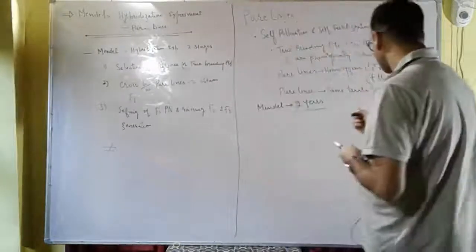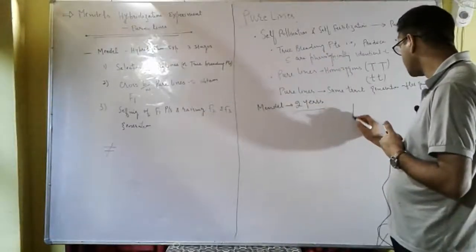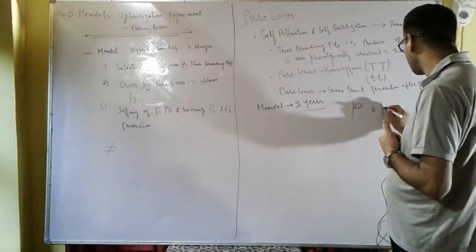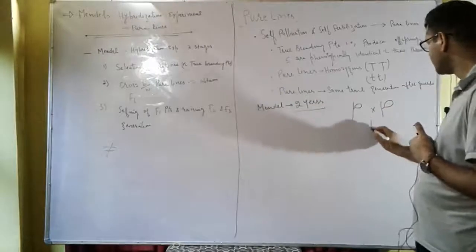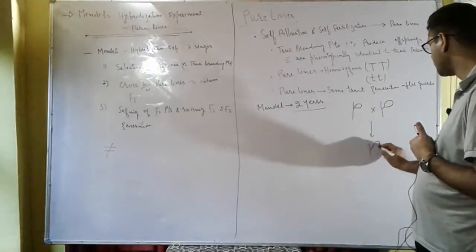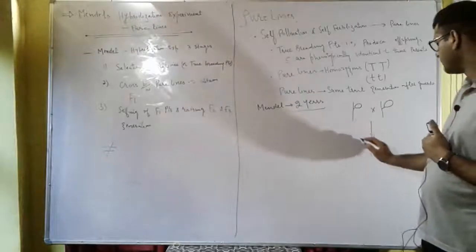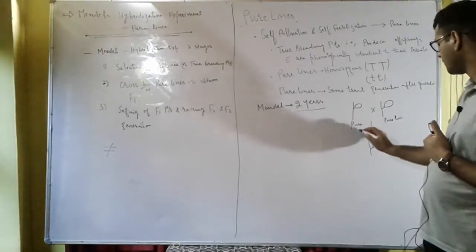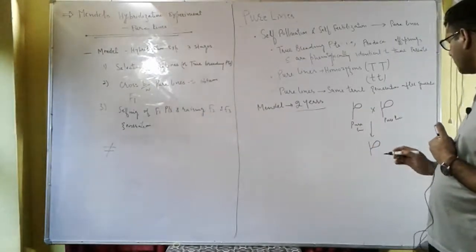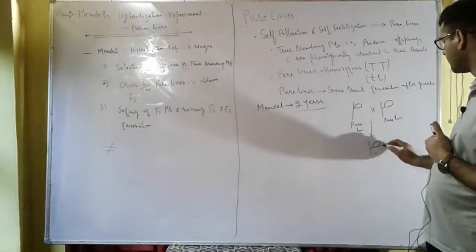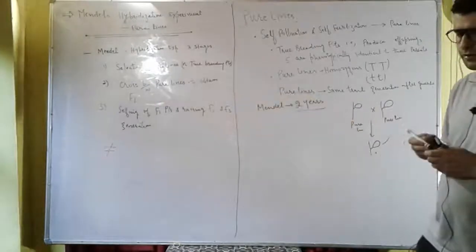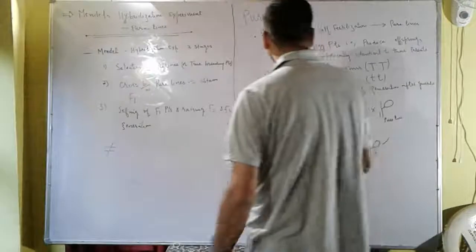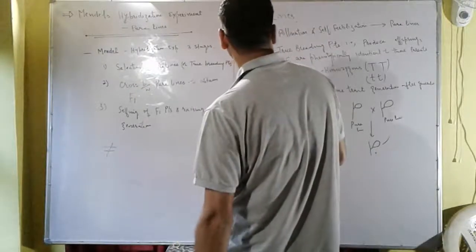For example, if this is a pea plant with round seed, and it is crossed with another pea plant with round seed, then they will produce a pea plant with round seed. That means this is a pure line. They will produce offspring which is phenotypically identical to their parents. This is what is called a pure line.